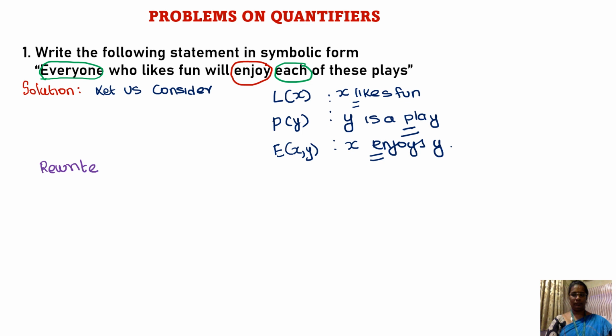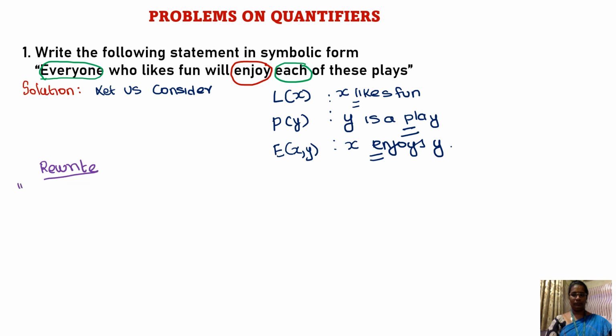So how should I rewrite the statement? Since it is every, we very well know that any statement with every can be rephrased into a conditional statement. So let us try doing it.